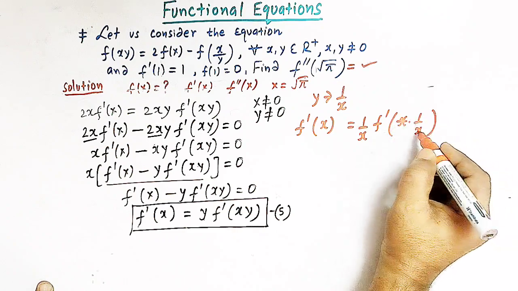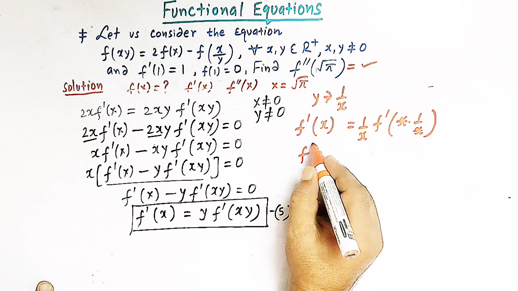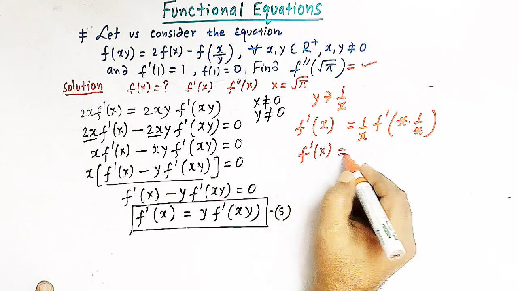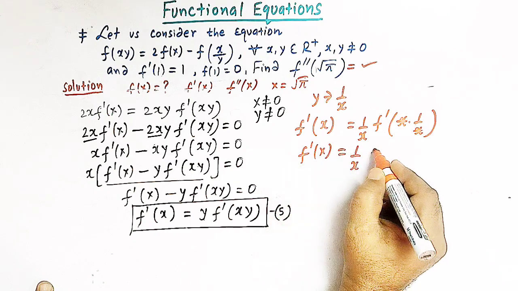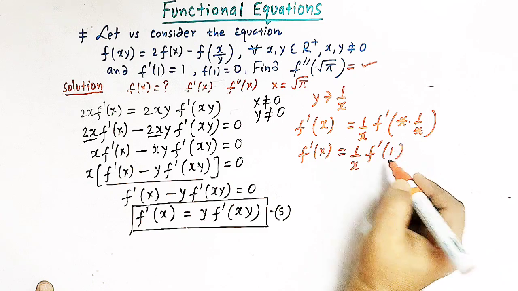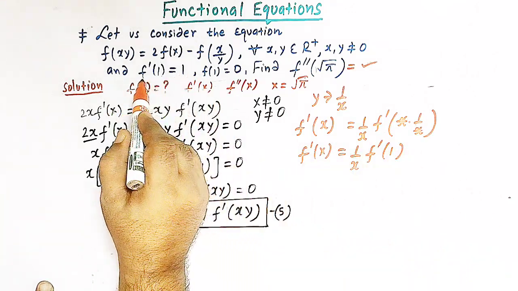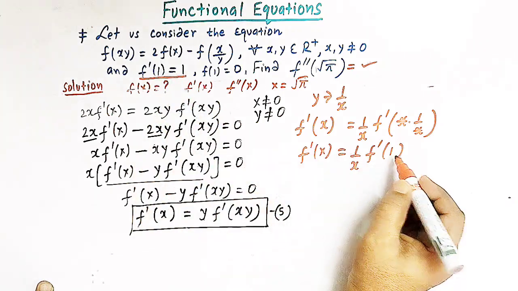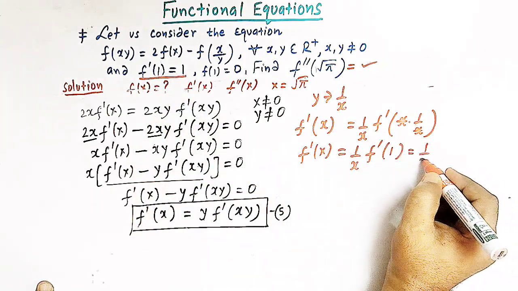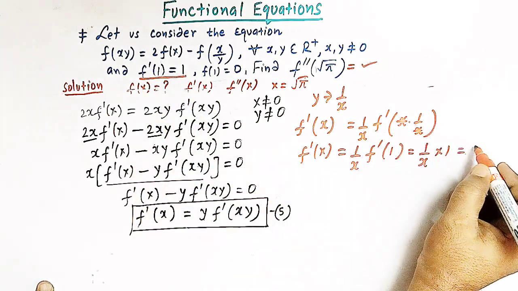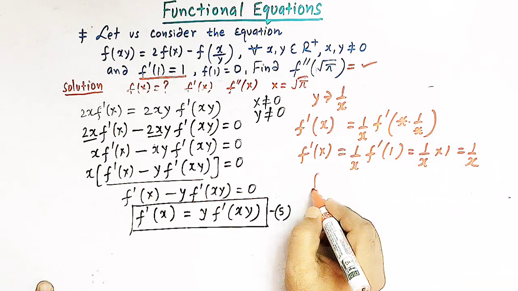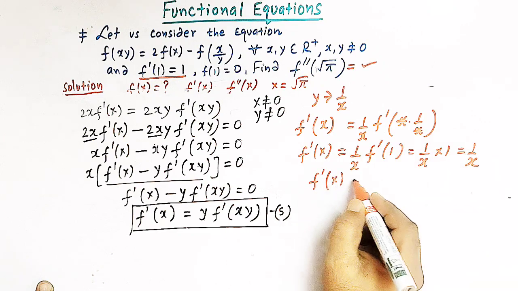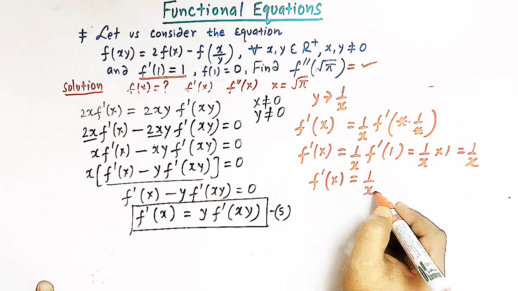Now this x and this x get cancelled, so we have f prime of x is equal to 1 over x and f prime of 1. And here we are given that f prime of 1 is equal to 1, so we can now write 1 over x times 1, that is 1 over x.